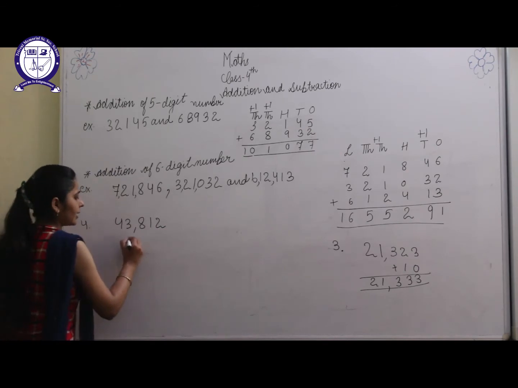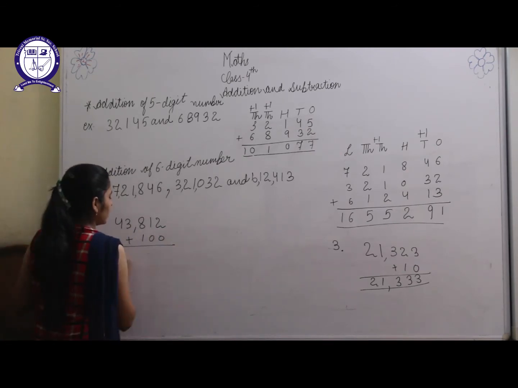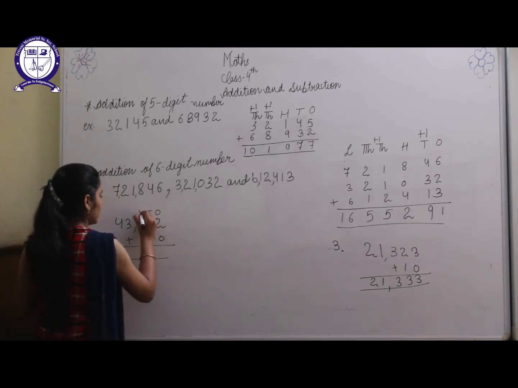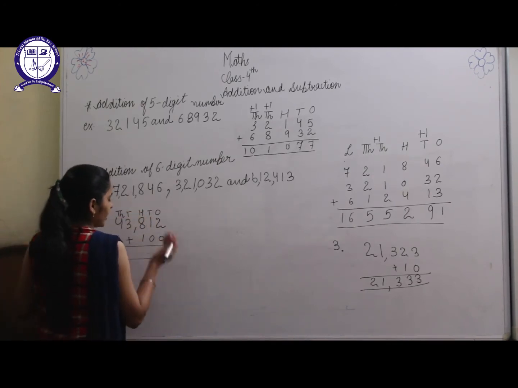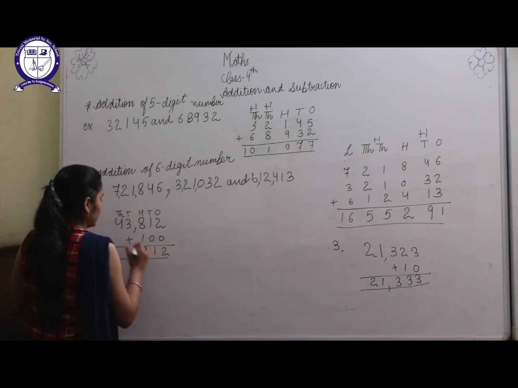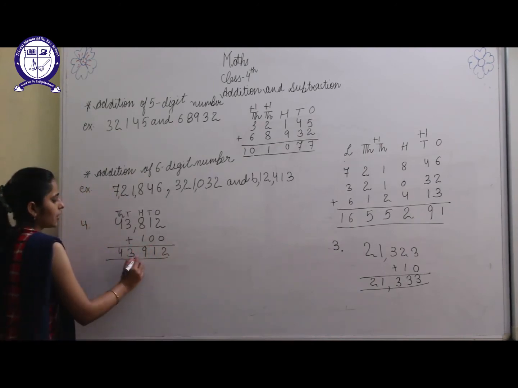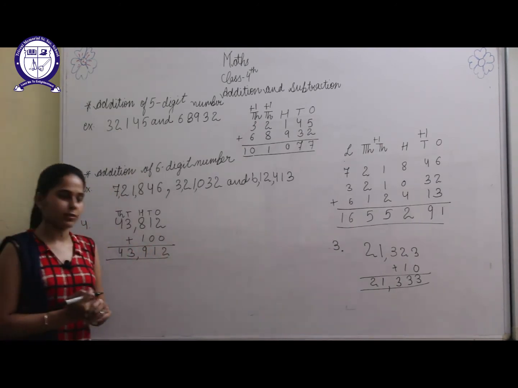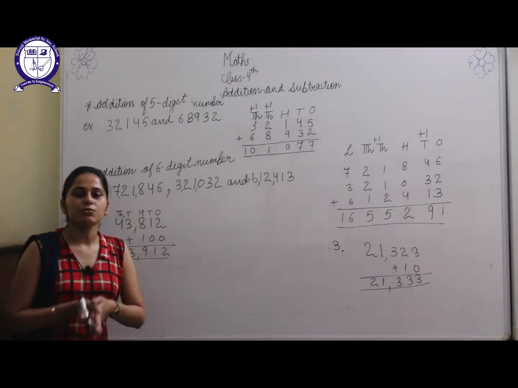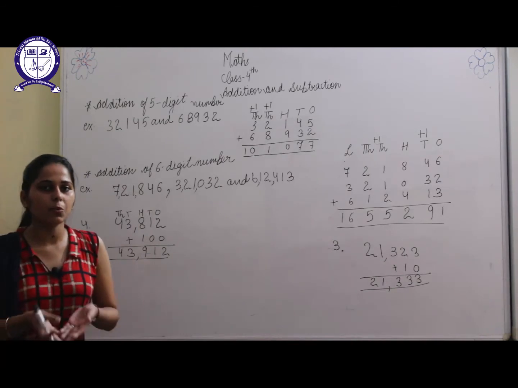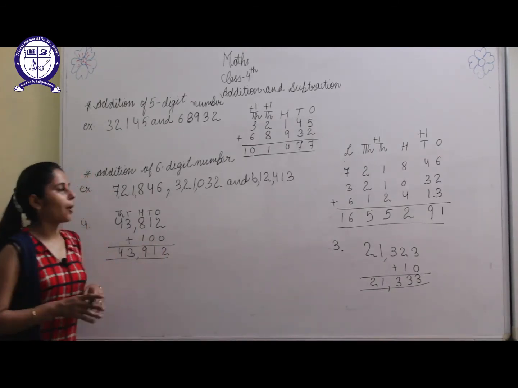When we are adding 100 to it, its 100 place will be increased by 1. So our answer will be 43,912, students. Like this, when we are adding 1000 to any number, the 1000 place digit is increased by 1. So this was the property of addition.